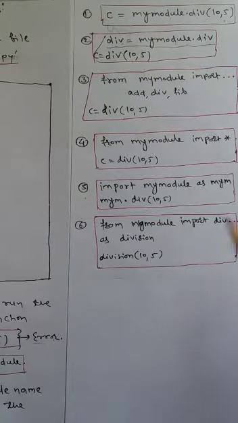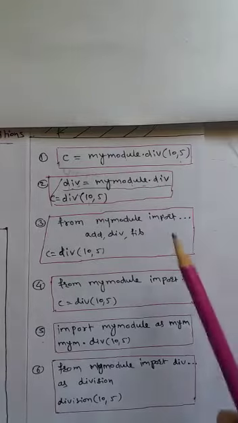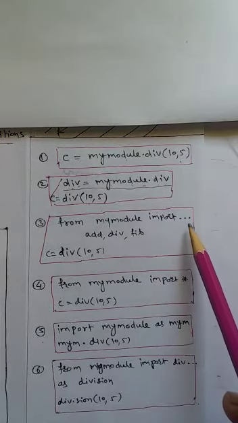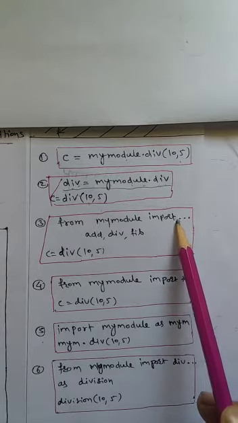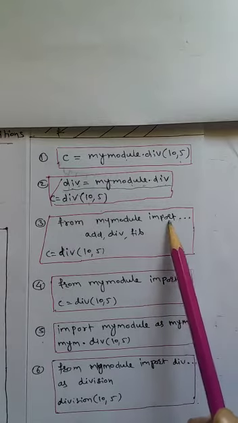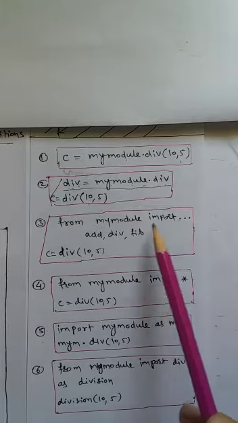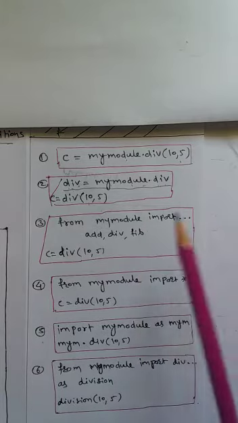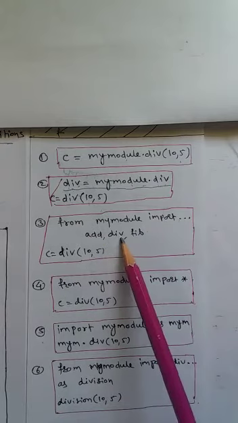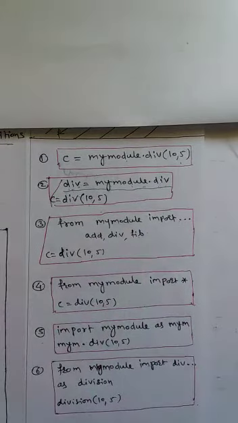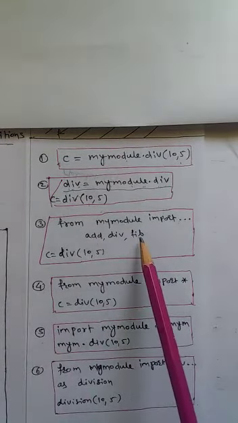Now see another example: from mymodule import. The three dots indicate that the statement is not complete and continues on the next line. What we are doing here is from mymodule import add, div and fib, so all three functions you have written are imported.